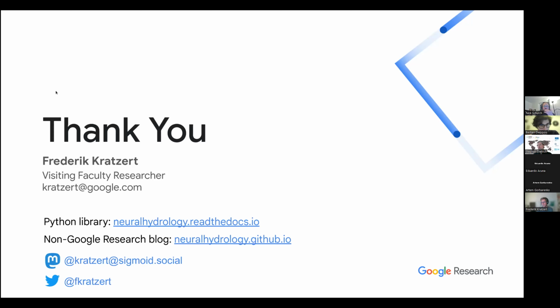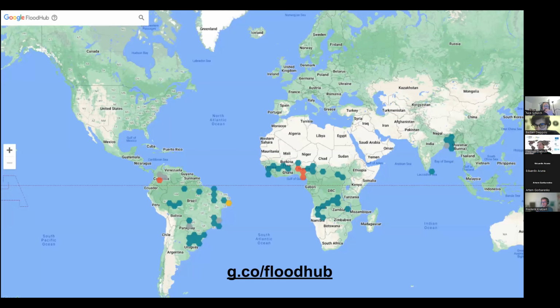And let me quickly mention one thing. I wanted to mention that I think 2 weeks ago, Google officially announced what is called the FloodHub, which is now publicly available and will be populated with more and more rivers in the world. So this is the dashboard that Google provides to external users to get flood warnings.